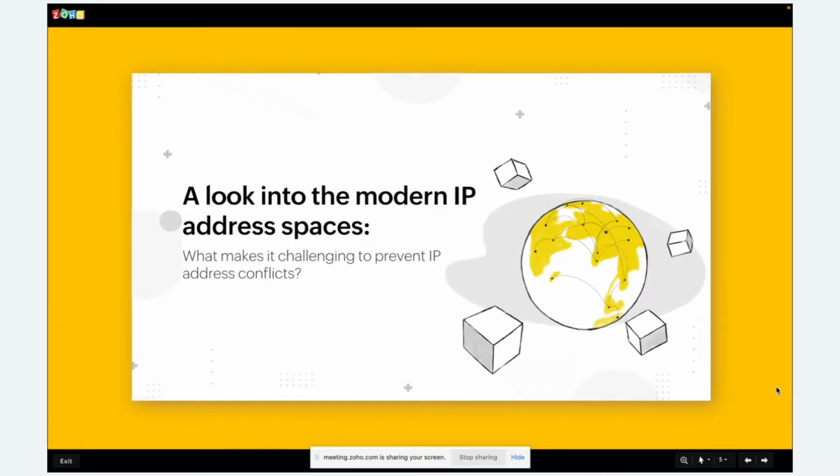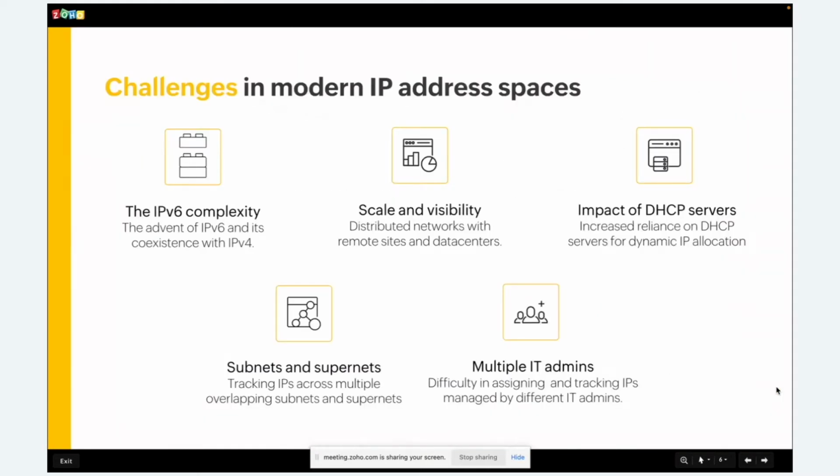So what makes it challenging to manage and to prevent IP address conflicts in today's IP address spaces? The first challenge is something we both, you and me, can completely agree on, which is the IPv6 complexity. Decades back, IP addresses were very easy to manage.